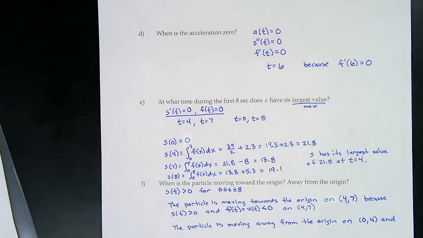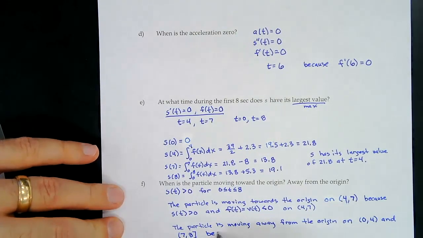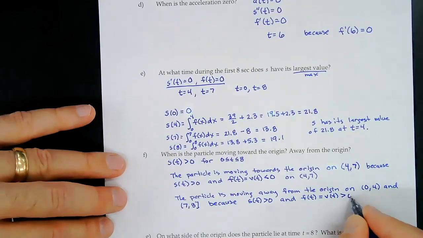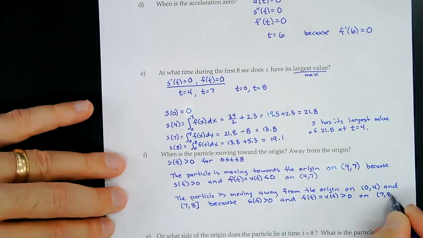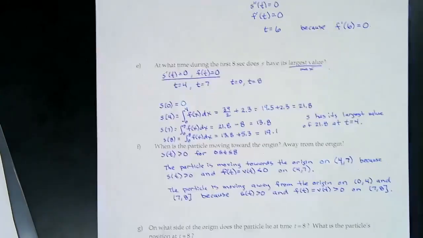On 7 to 8, including 8, because s of t is greater than 0 and f of t, which equals v of t, is greater than 0.